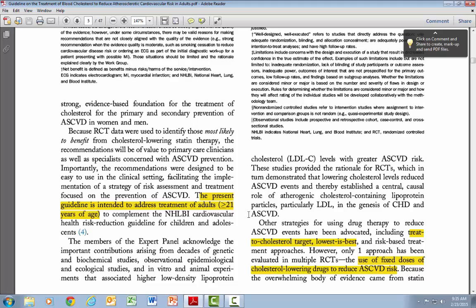The guideline is basically intended to address age, and there are different types of population that we'll discuss. It's basically more than or equal to 21 years old, because these patients may have any type of CAD or CAD equivalent risk, for example, a viral disease that produced myocarditis, or the patient was just born with a congenital heart disease.